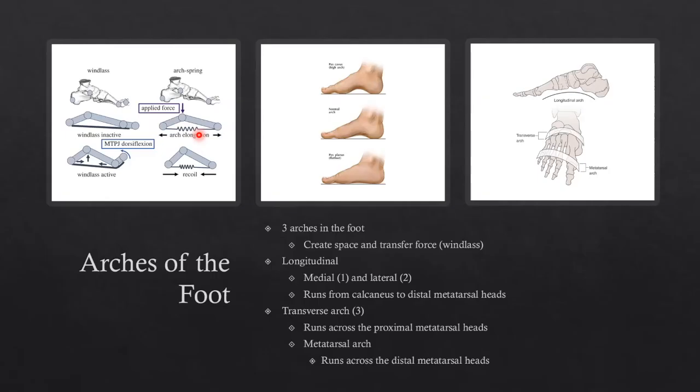And just like a rubber band, the elongation of these arches holds elastic energy. So whenever we begin to engage in our push off point, there's this recoiling effect. And along with the active windlass mechanism of increasing that arch, these 2 things in combination essentially allows us to utilize our plantar flexors more advantageously.